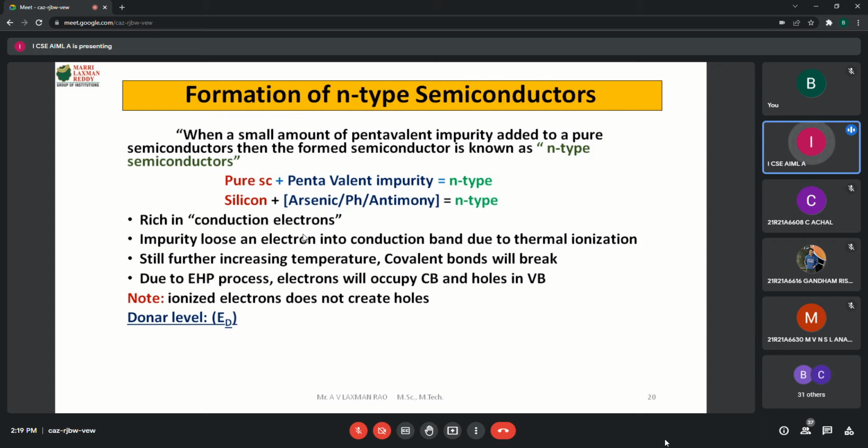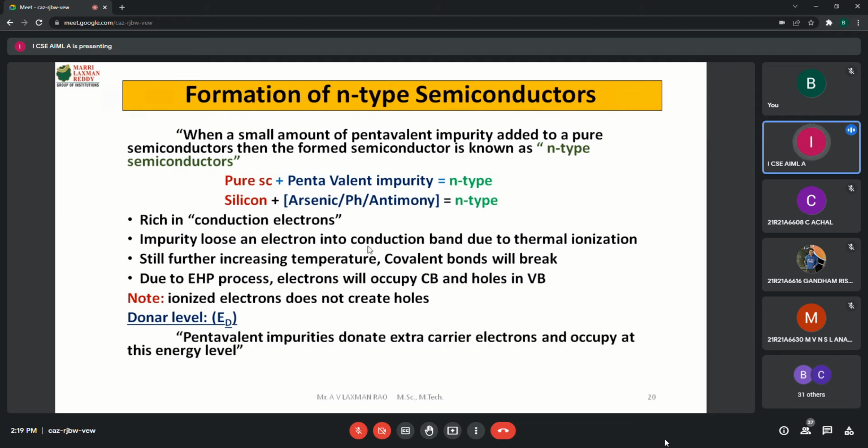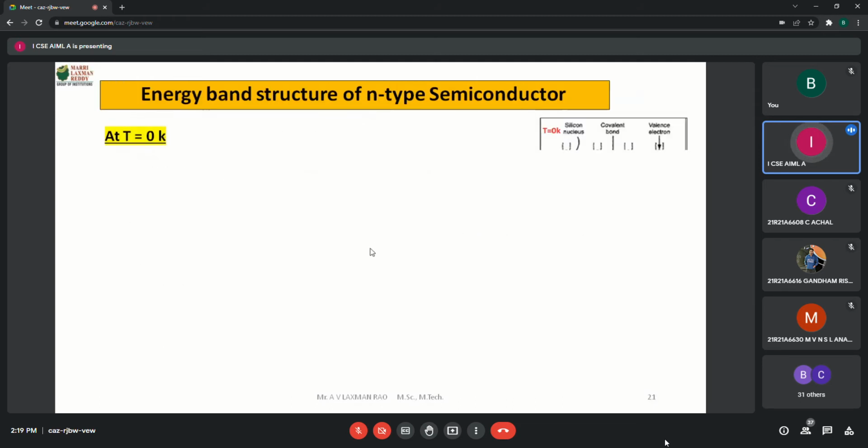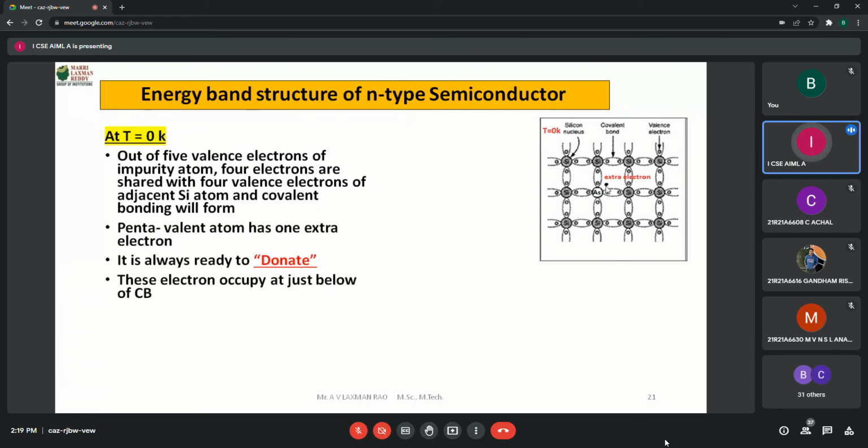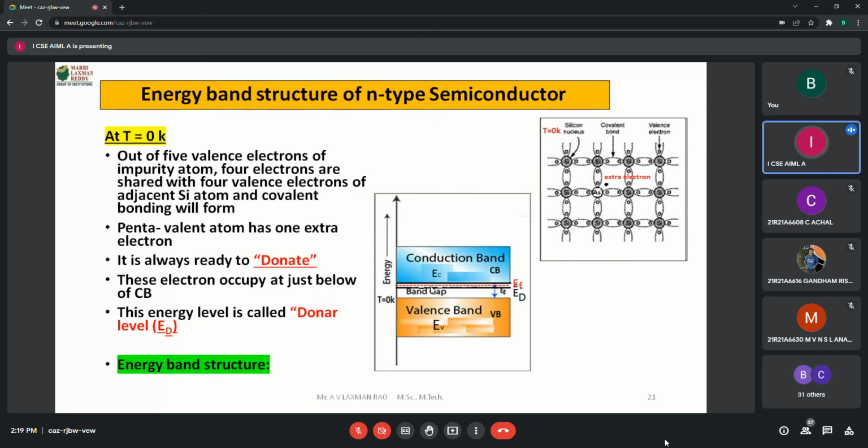One more important thing is that a donor energy level can be expected in these n-type semiconducting materials. Donor energy level is nothing but, when temperature is 0 degree Kelvin, the extra electrons of the arsenic occupy a particular energy level just below the conduction band. This energy level is called the donor energy level.